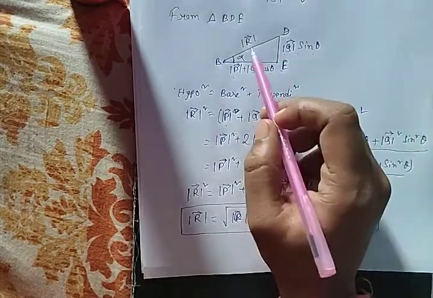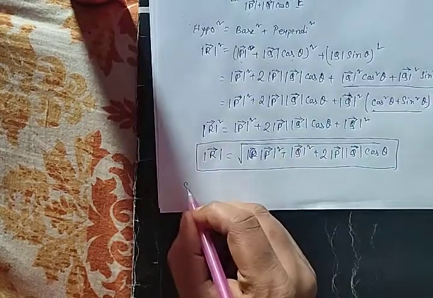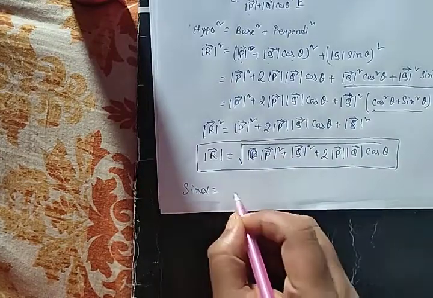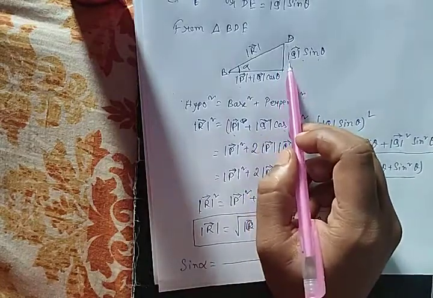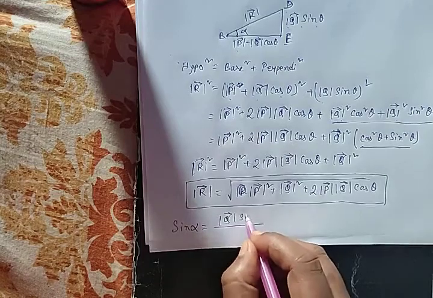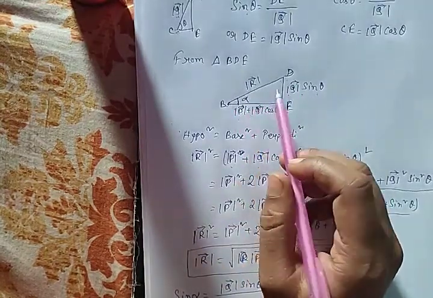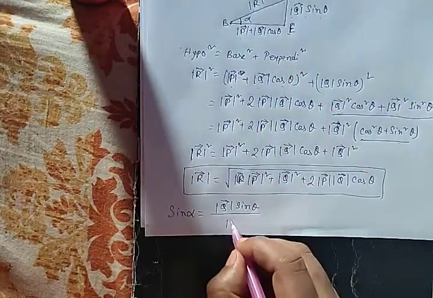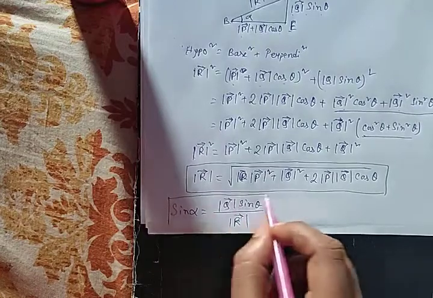Mod Q sine theta divided by mod of R. So from here you can write that sine alpha is equal to mod Q sine theta divided by mod of R. Okay, so this is the first direction formula.